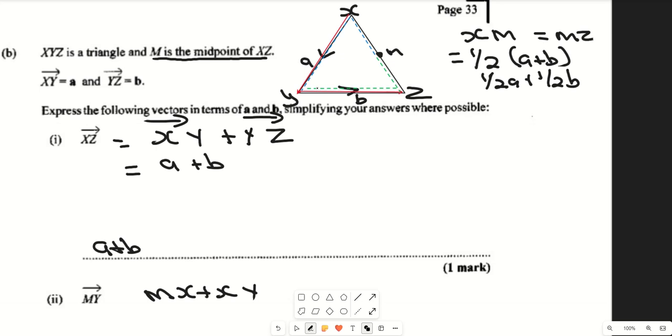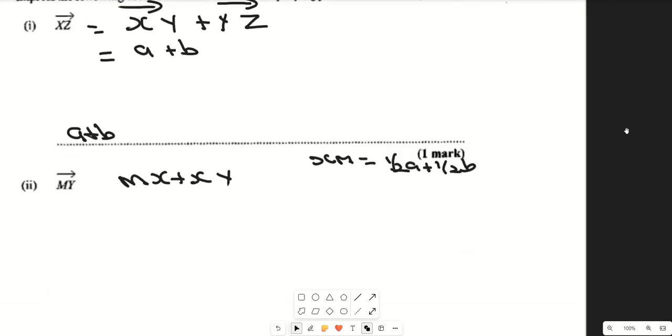We know XM is equal to a half A plus a half B. But we want MX, which is going in the opposite direction. So you multiply a half A plus a half B by -1.